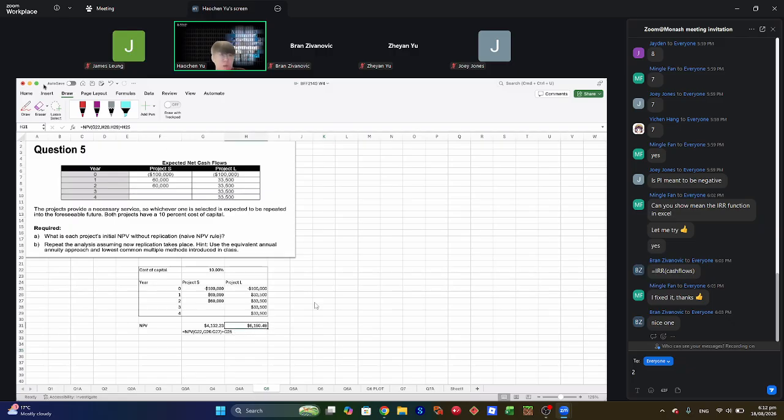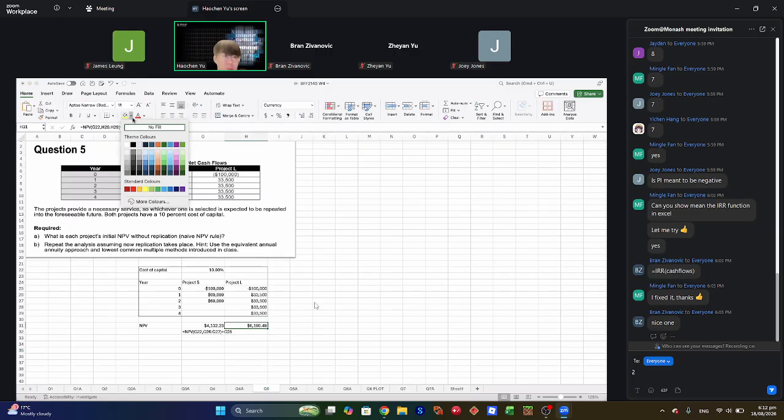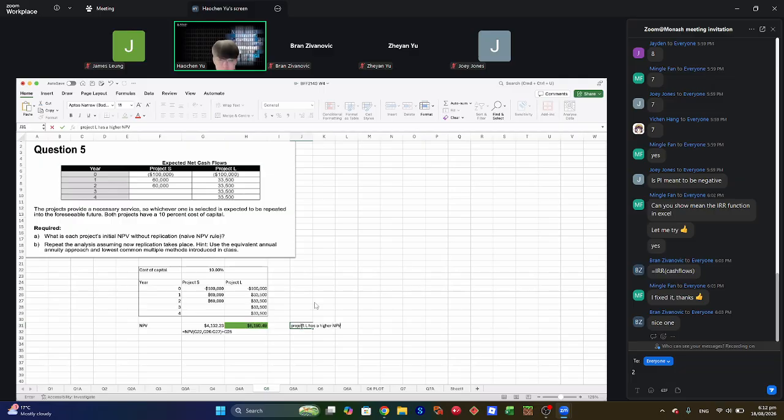So at this stage, I would probably say we are going to choose Project L because it has a higher NPV, which means if I can only do this project once, then I can get more profit from Project L. But the problem here is that we can repeat the projects. This is not going to be a fair comparison. We need to figure out some other method to do the calculation. And here there are two methods to fix this issue.